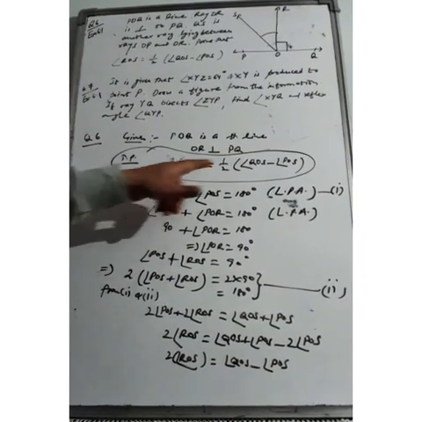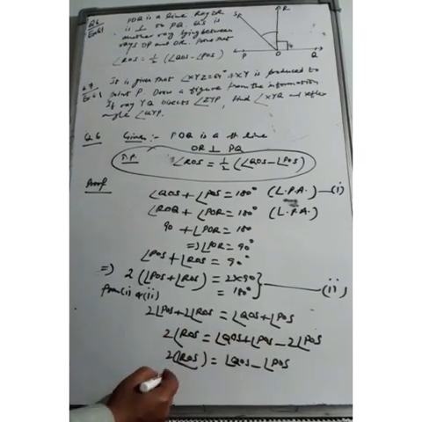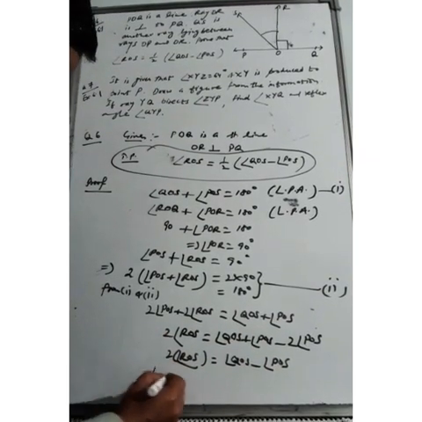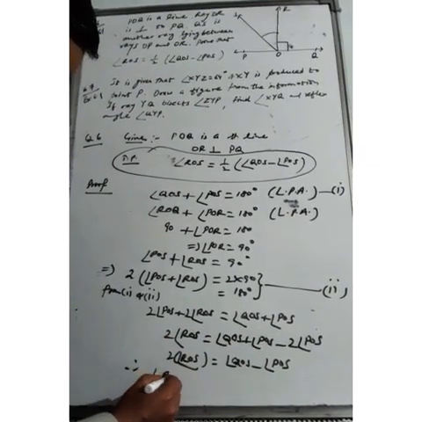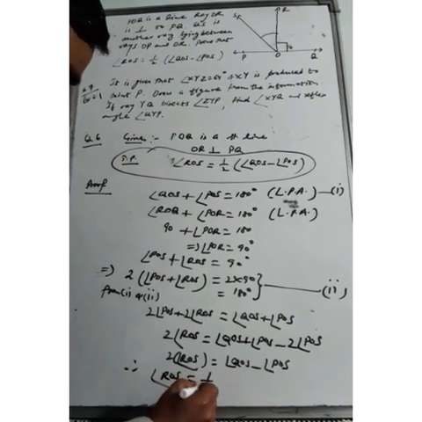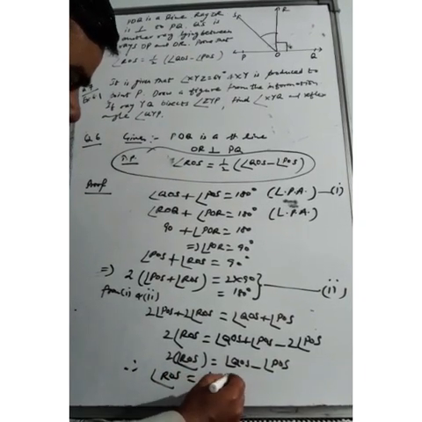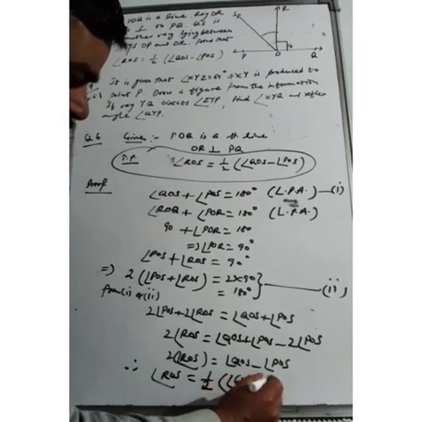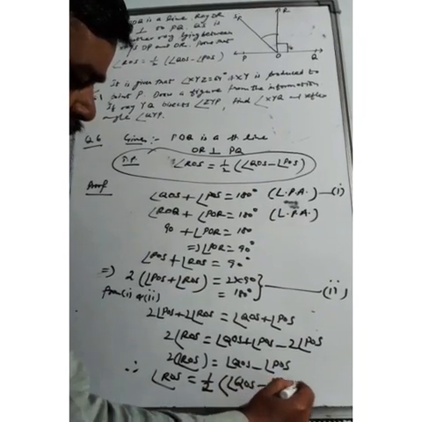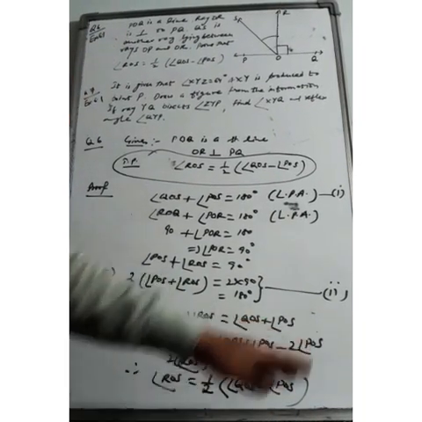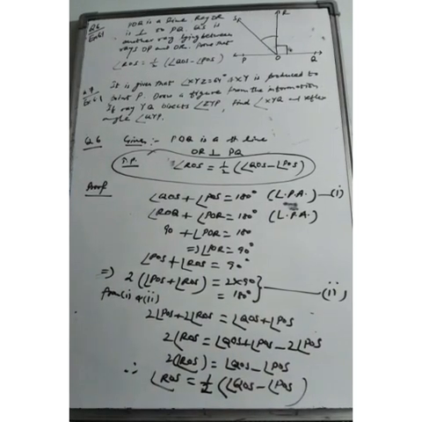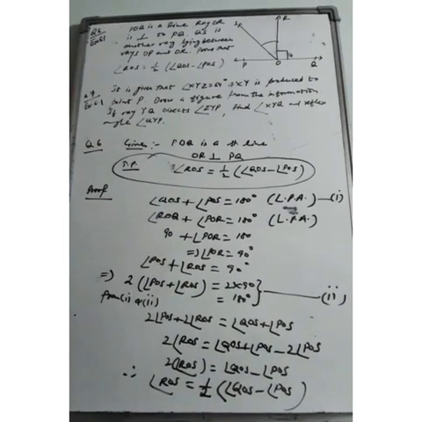Finally I need half of the difference, so if you shift 2 to that side, I can conclude that angle ROS is equal to half of angle QOS minus angle POS, which I needed to prove. Hence proved.